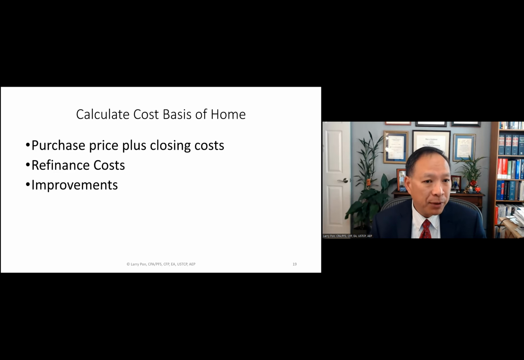Basis is your purchase price plus closing costs, refinance costs, because you know refinancing is not free, and improvements you made to the property. So we need the documentation, receipts, canceled checks, invoices, contracts. The more, the better. I always recommend taking pictures of the house too, saying, here's the new roof, here's the addition, here's a new kitchen, here's a new bathroom.